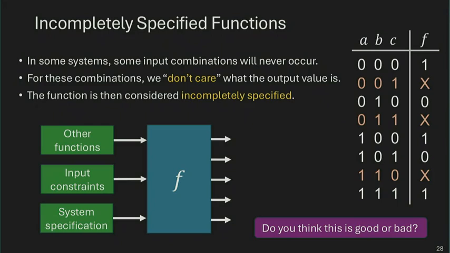There's a situation you don't have to worry about, and then you have full flexibility of setting them to whatever you like, whichever gives you a smaller expression. But in the meantime, you have to make sure that they truly never happen. If they ever happen, it's going to be quite problematic. The system will eventually receive some values, 0 or 1, based on how you design the Boolean circuits, but that is out of our control. We didn't force it to operate in a particular way. So it could be dangerous for some security-sensitive systems.